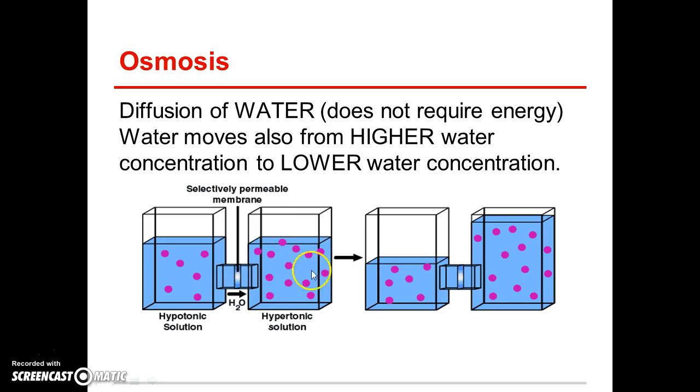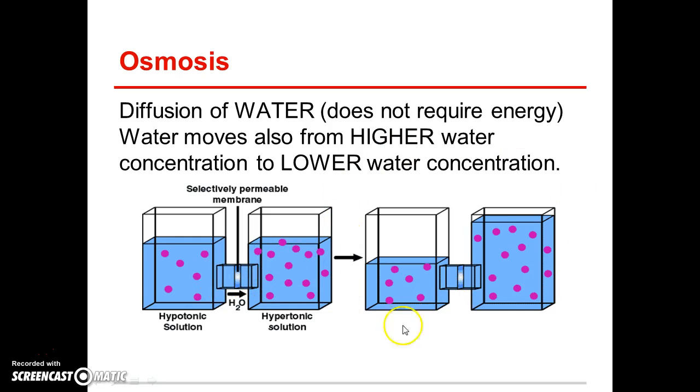If you look at the fact that there's more solute over here and less solute over here, we can switch our thinking and say, if there's less solute here, that means there's more water on this side. And there's more solute here, so that means there's less water concentration on this side. So water will move from higher concentration to lower concentration. Since there's a higher water concentration over here, it's going to move over into this chamber.